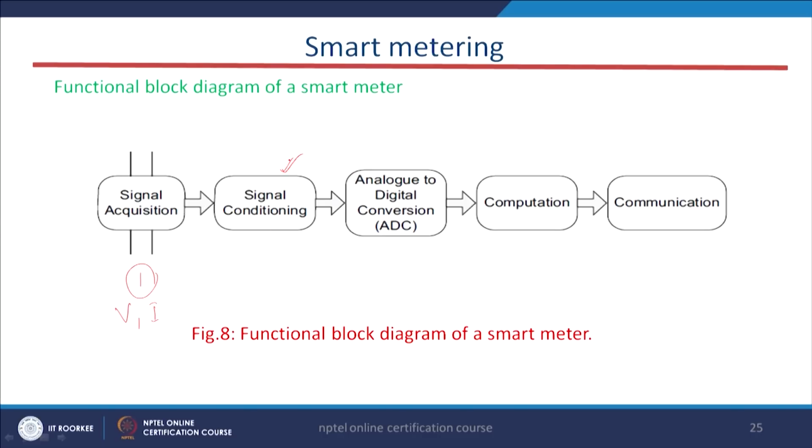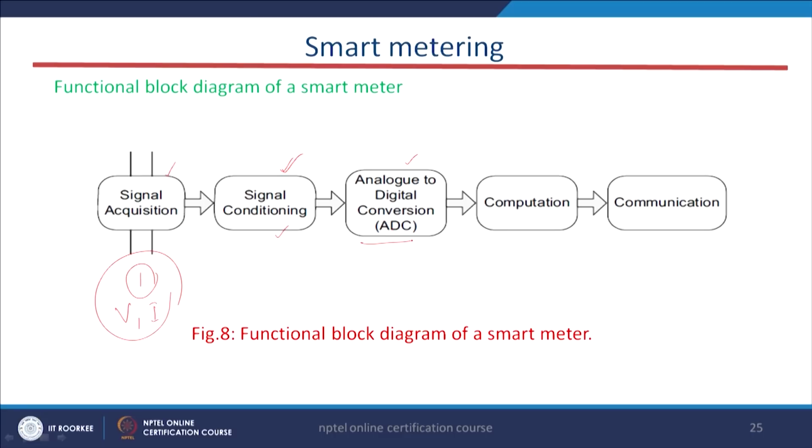What is the meaning of signal conditioning? Before passing this acquired signal to the next block, that is the analog to digital conversion block, we have to take care of this signal. Conditioning means we have to make it perfect as far as the ADC requires.